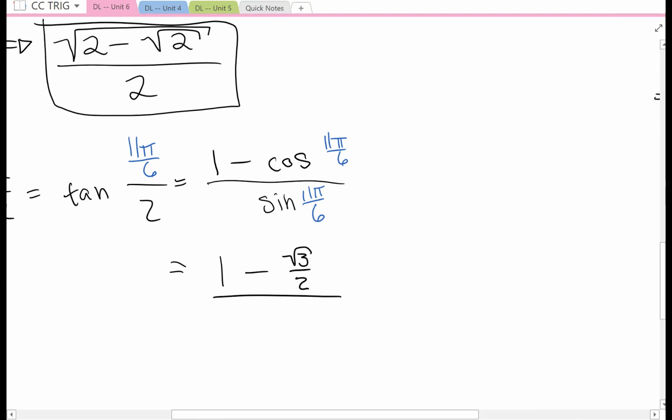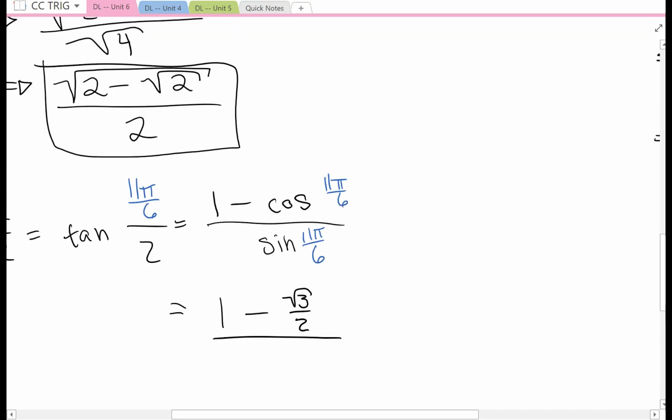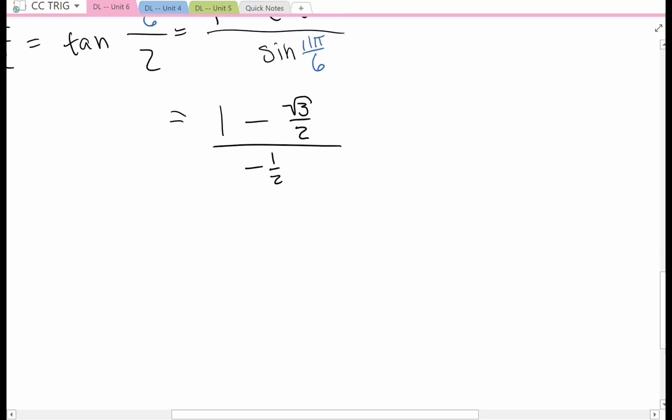All over sine of 11 pi over 6, that is the y value, which is negative 1/2. Okay, yay, we don't have a square root, so we don't have to deal with that.